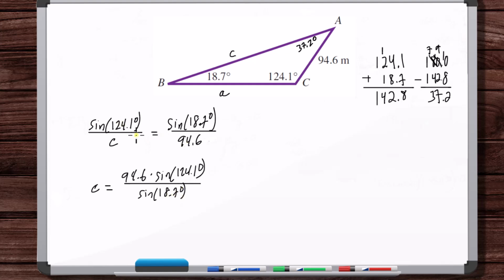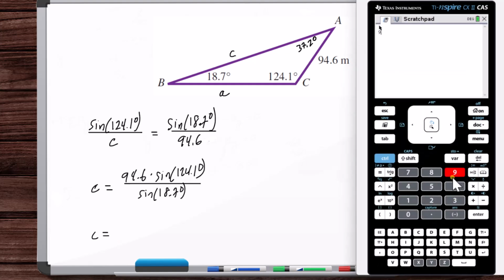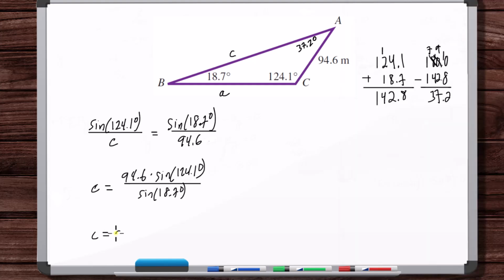Could you just cross multiply these? These are on one side, this times this on the other side, then you divide both sides by this. So C is equal to 94.6 times sine of 124.1 divided by sine of 18.7. 244.3 meters.